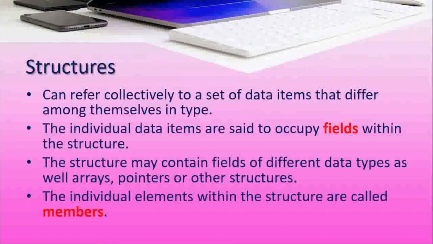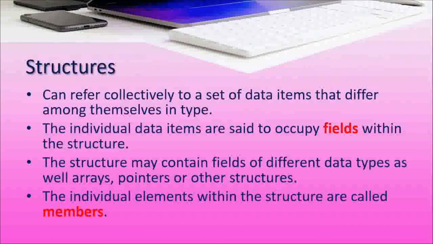If we have to represent a date, there is no data type such as date in C. So in order to store that date, we must have three different data types or three different elements together: the day, then the month, then the year.